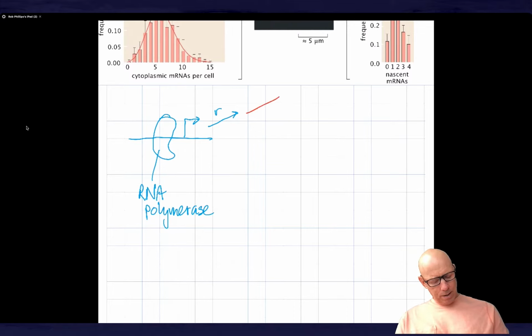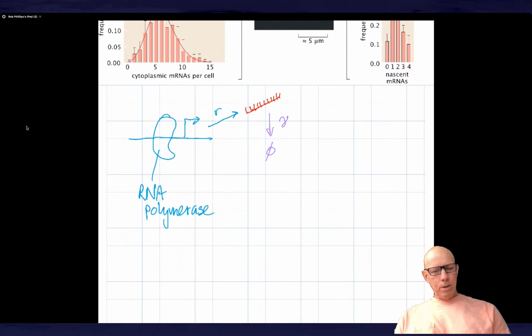So I want you to think of this basically as a little factory, and the little factory produces mRNAs, and those mRNAs are then degraded at rate gamma. So that's the entirety of our model for what I'm going to refer to as a constitutive promoter.